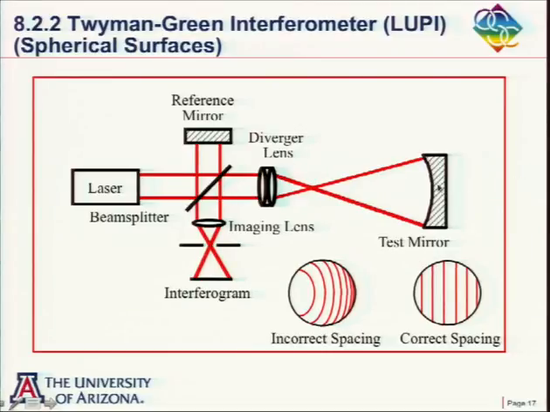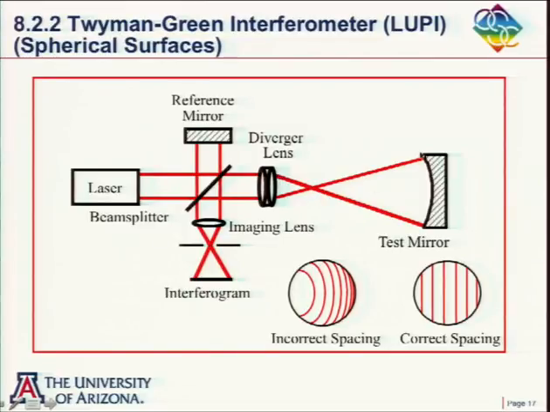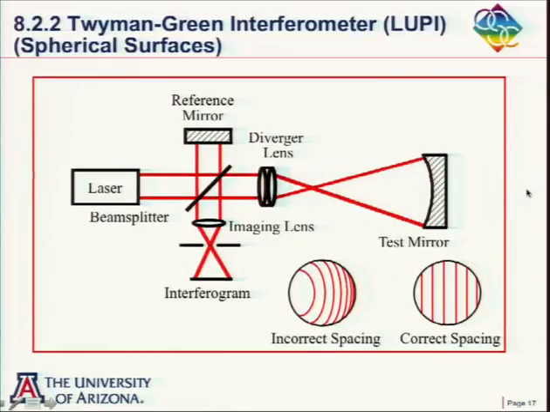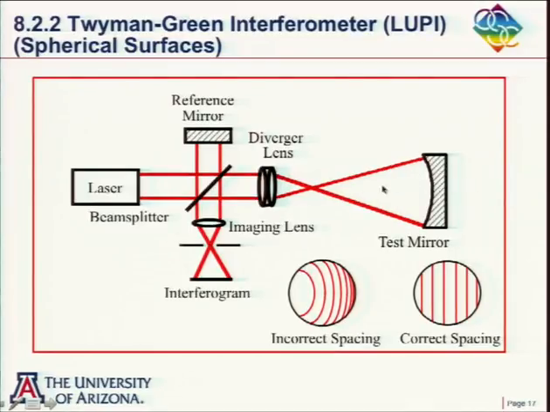And remember the procedure for setting this up. Since we didn't have a lab with the course, maybe I'll go through it real fast here. You would first set this up and put a card here with a small hole in it, so the light goes through the card. And then you put the mirror out here and adjust that both longitudinally and tipping and tilting to make the light go back through the card, or the little hole in the card.